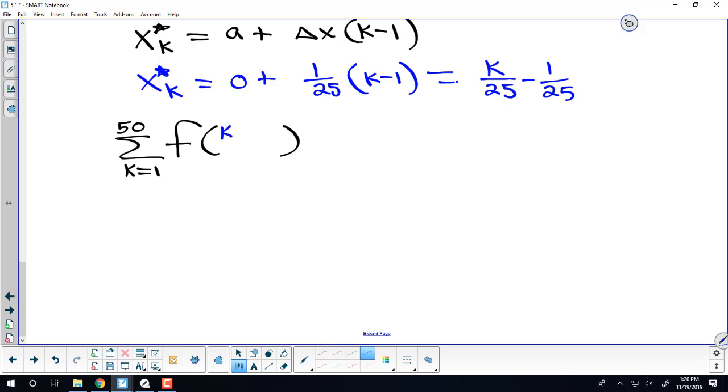So we're evaluating f at k over 25 minus 1 over 25 times our delta x. And isn't it x cubed plus 1? Cubed plus 1, right. So we have our delta x times the sum from 1 to 50.